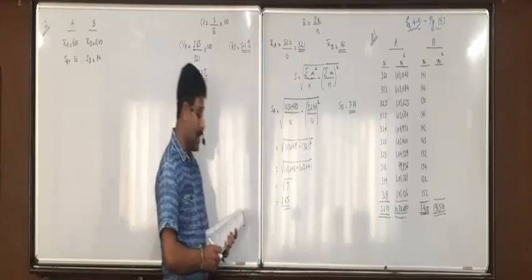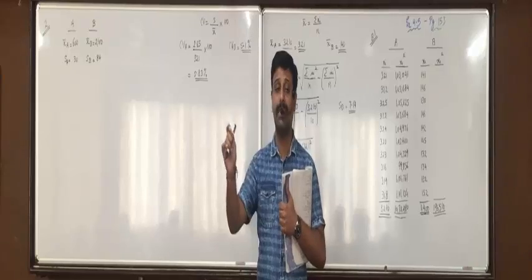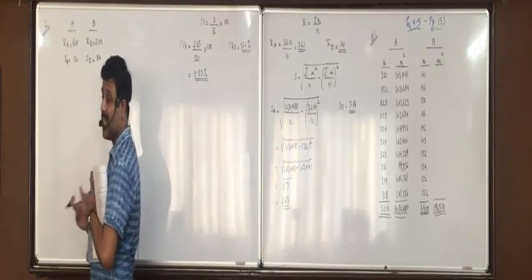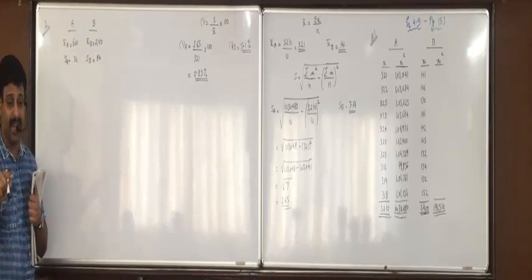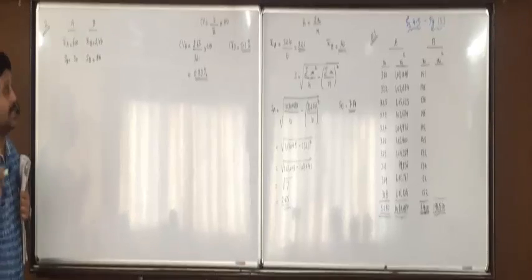Now what is the question asked? Which company has more stable salary? Is that decision 1 or decision 2? Decision 1, stability, I made you write in decision 1. Means whosoever's CV is less.